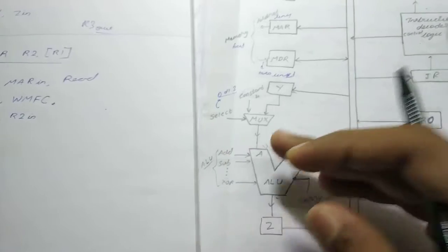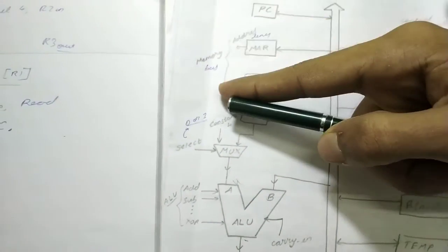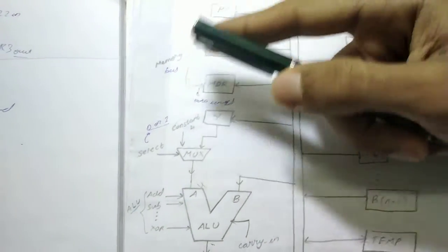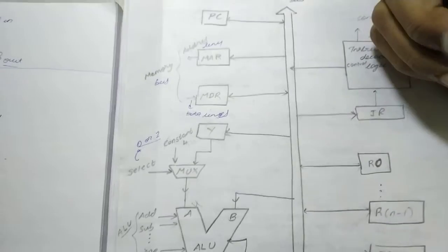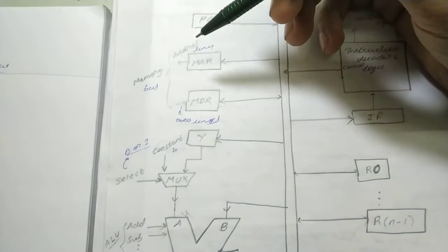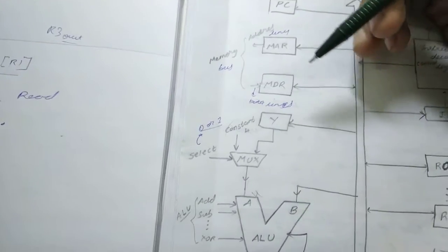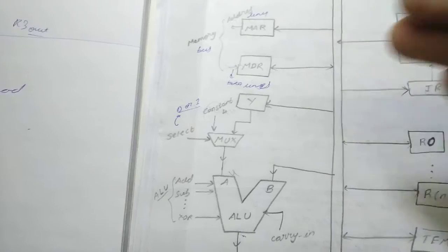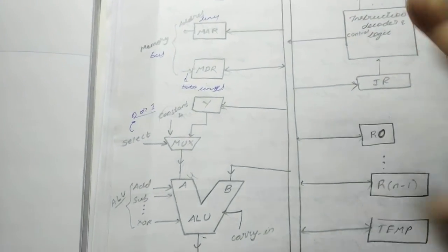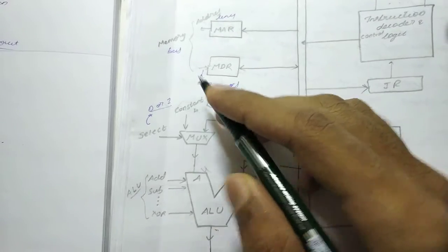Why that is there is, as I had told, the memory fetch operation takes some time, so it may take more than one clock cycle. So that control signal is there so that until the memory bus returns the data, the processor will sit idle and wait. And when it comes, the MDR will be loaded with the data from the memory bus.